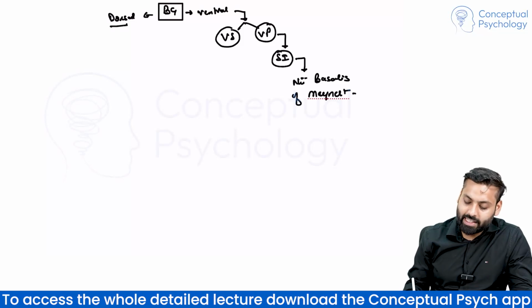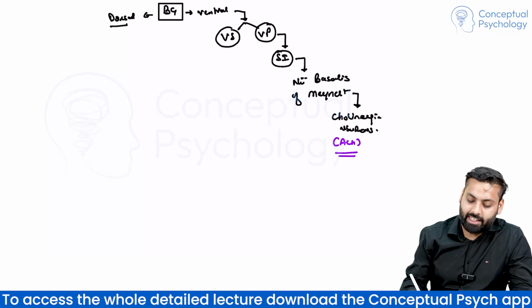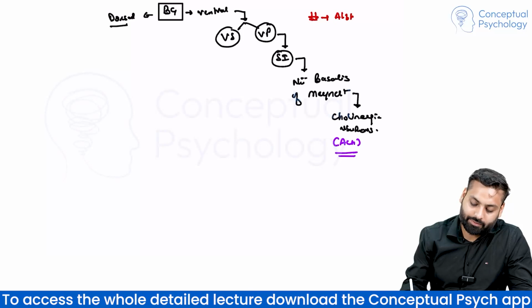And this nucleus has which kind of neurons? Cholinergic neurons. Cholinergic means which neurotransmitter? Acetylcholine. And this area gets affected in which disorder? Alzheimer's.